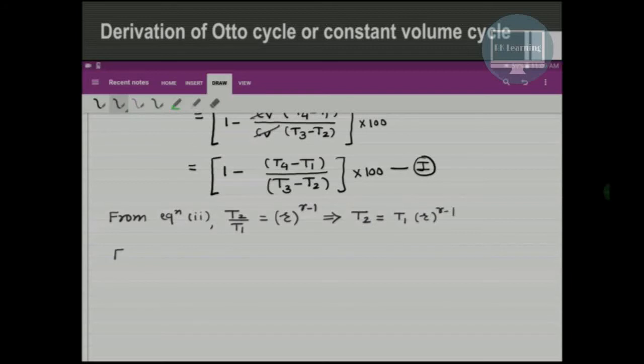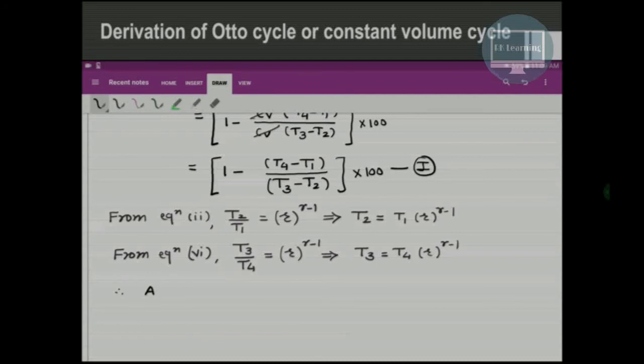Similarly, from equation 6, which is also in terms of temperature, T3 upon T4 is also equal to r raised to gamma minus 1, which implies that you can find out the value of either T3 or T4 from this. So T3 will be equal to T4 into r raised to gamma minus 1. So these values we can substitute over here in this equation.